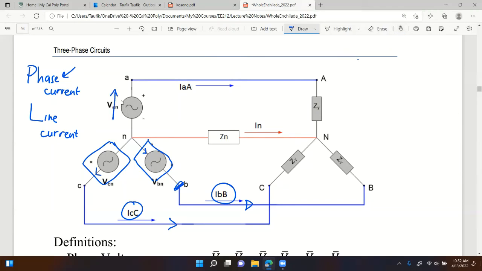Anybody? Is phase A current the line A current? What can you say between phase current and line current in Y connection? Anybody?